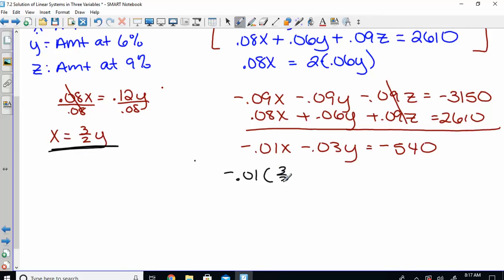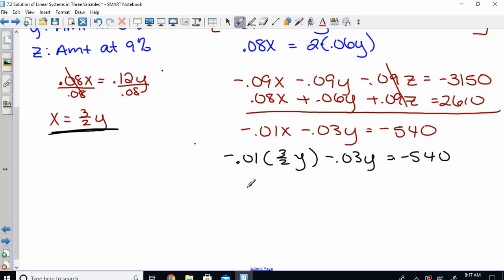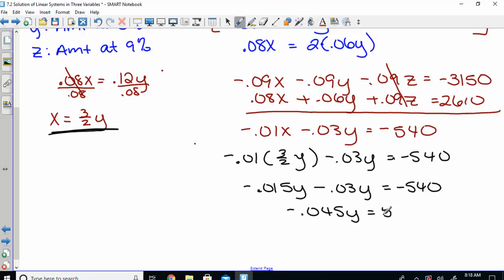Replace your x with a 3/2 y. So negative 0.01 times 3 over 2. These are like terms, so if we add them we get negative 0.045y equals negative 540.